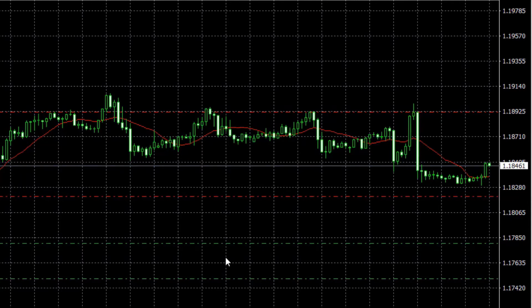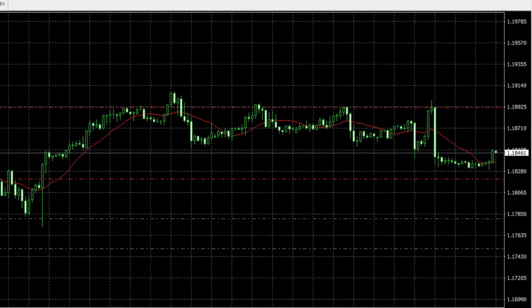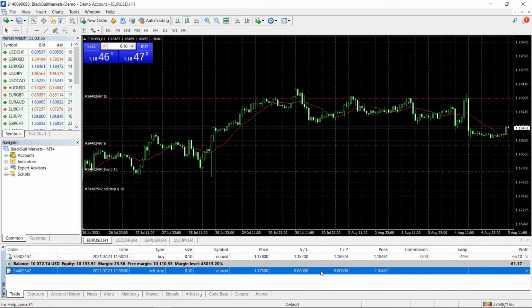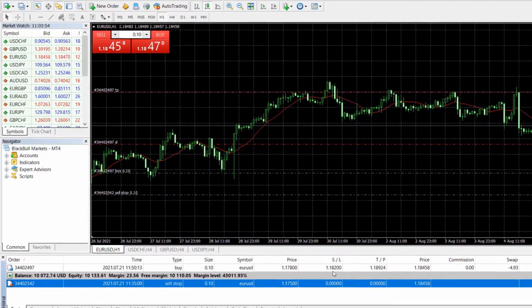So how to set stop loss in MetaTrader 4 on a pending position. Right here I have one sell stop on euro dollar, this one over here that I've placed randomly in the previous videos, but let's say you want to sell euro dollar with a pending position, so again you won't need to wait for the price to reach that level.